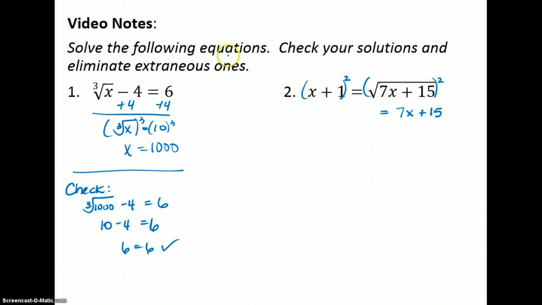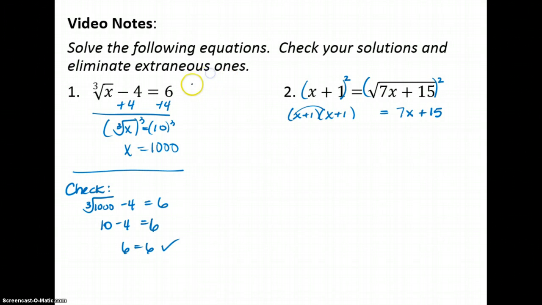Remember that x plus 1 quantity squared means x plus 1 times x plus 1. We cannot distribute an exponent over addition. Rather, I write these quantities twice and then I have to FOIL.